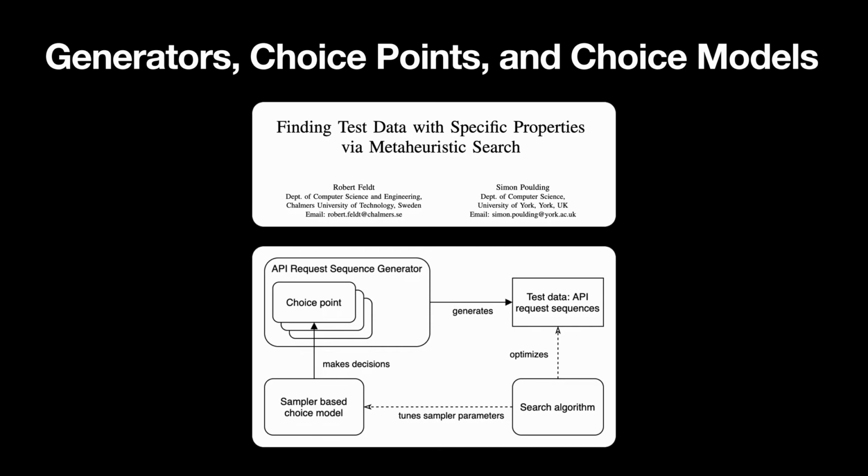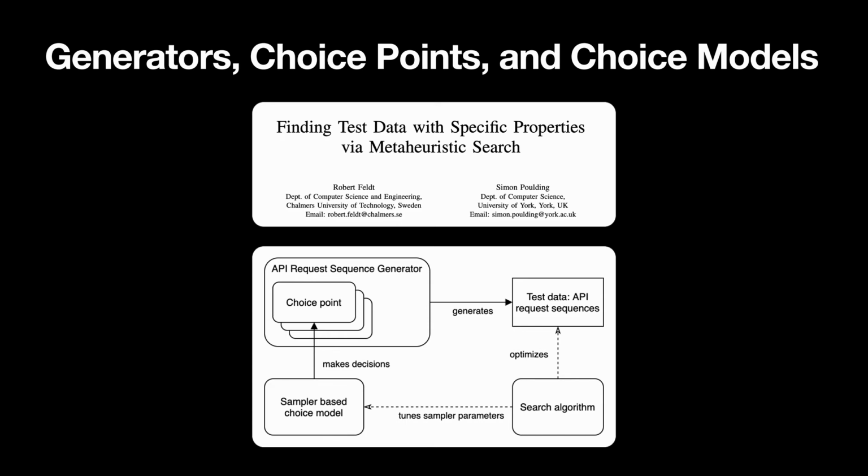So for example, let's say our generator has already generated a couple of API requests and wants to determine which API request to generate next for the current sequence. It first determines which transitions are possible given the constraints and the previously generated API requests, and then it uses a choice point to choose from the final list of options. As far as the generator is concerned, that decision is totally stochastic, but in the background the choice model is making the decision.